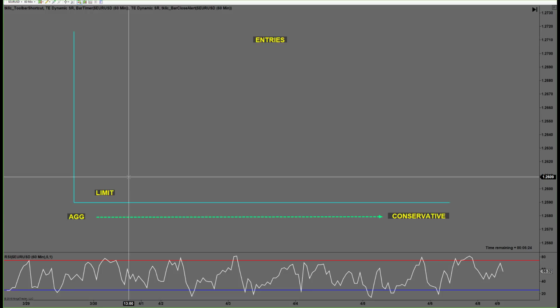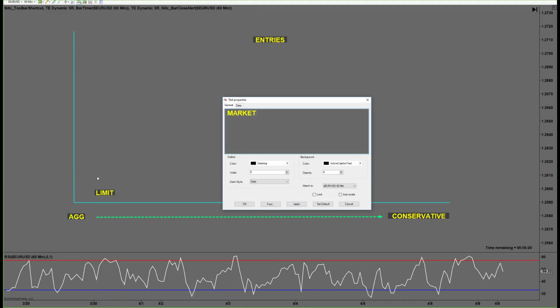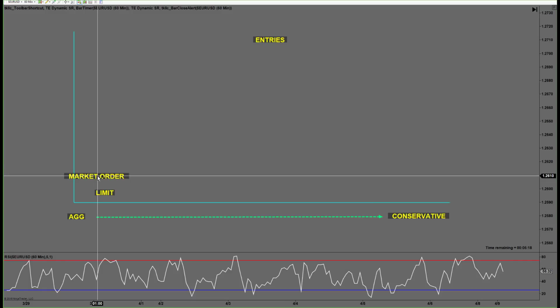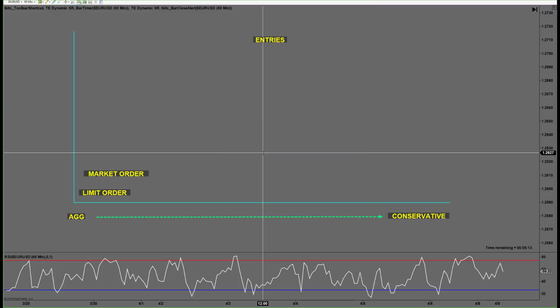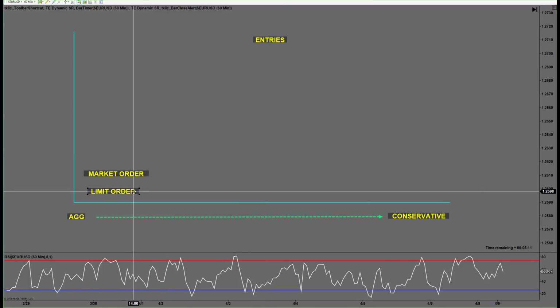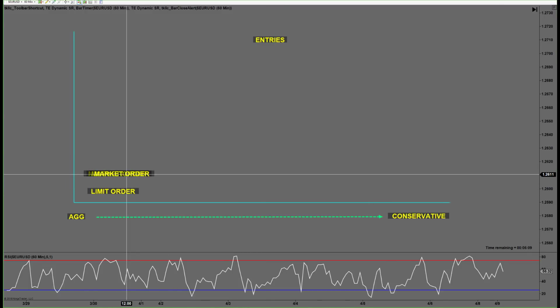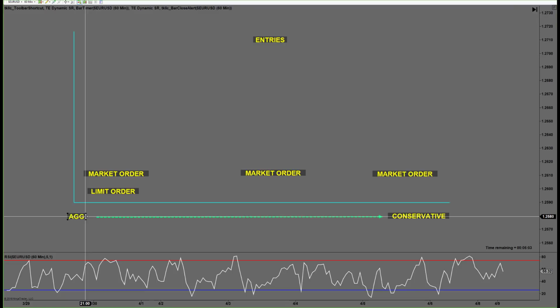The market order is on a sliding scale of aggressive and conservative. What it depends on is how you employ the entry, or what kind of entry it is. So we'll have the market order on this sliding scale of aggressive to conservative.